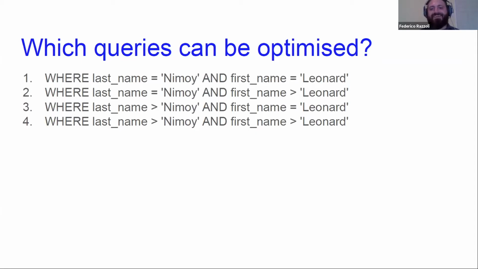okay, no, sorry. I got confused because they have 4 options and they are quite similar. So I got confused myself. The second one, yes, also uses an index because what it does is it finds the first row for Nimoy, and then starting from that row, it will scroll the index until it finds Leonard, and from that point, it will return every row it finds, okay?